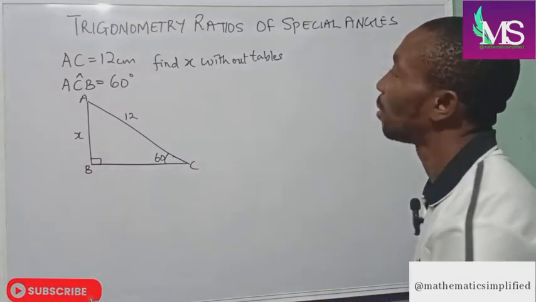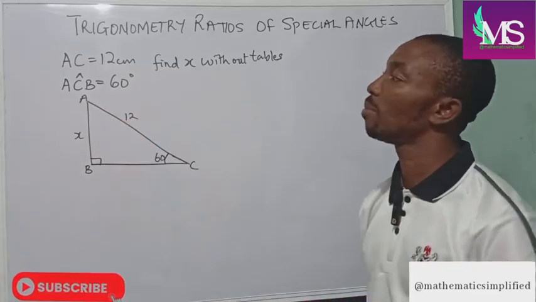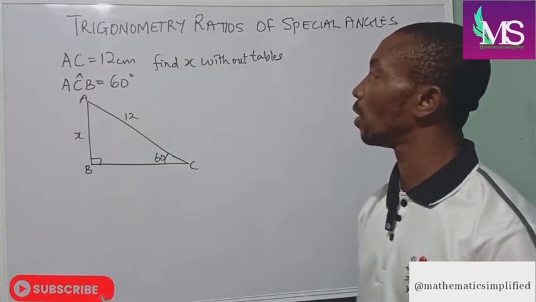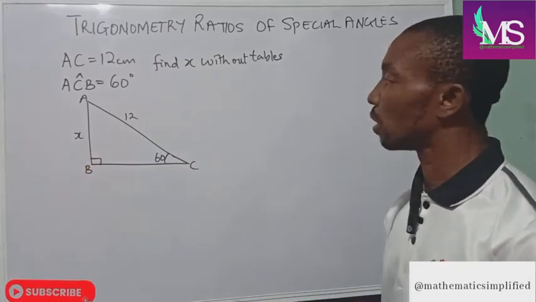Now, in this diagram, they said line AC is 12 cm, angle ACB is 60 degrees. Now, we should find the value of x without tables.